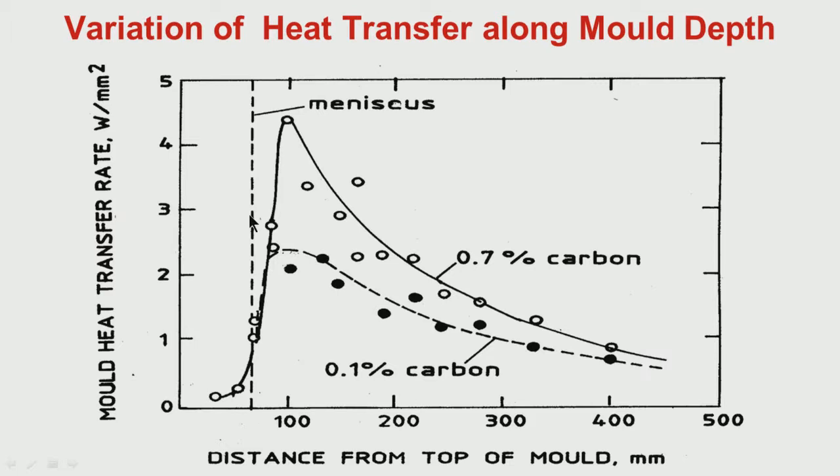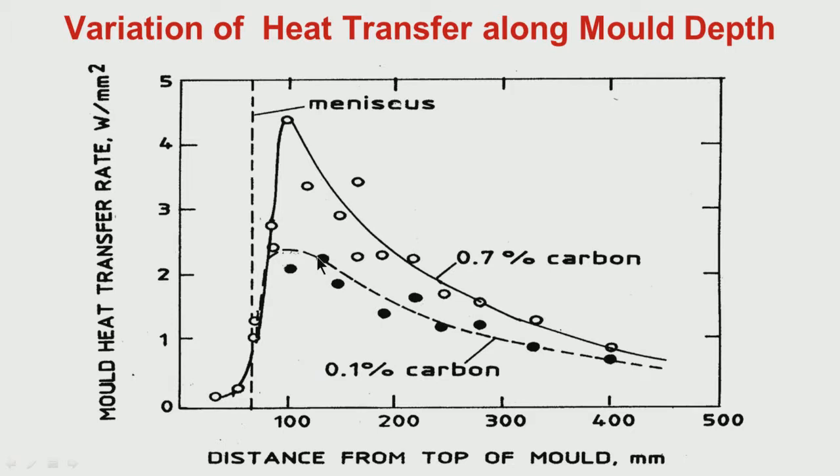From the meniscus, at a depth of say 30 millimeter down the mold, we have the peak of heat transfer, and it is different for different grades. For 0.1% carbon steel, I will discuss later why heat transfer is relatively less, because there is air gap formation, depressions form.